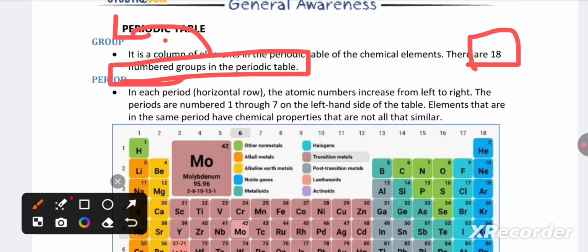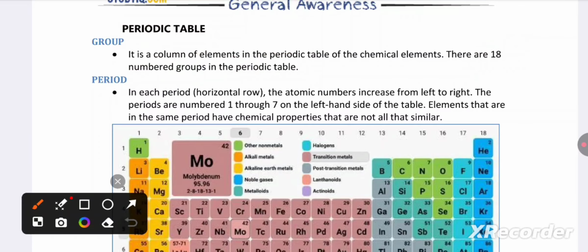Here I am giving a trick: G. For drawing this G, first we come down, then go up, and then go to the side. Group is nothing but going down, period is nothing but going sideways. This is the trick.